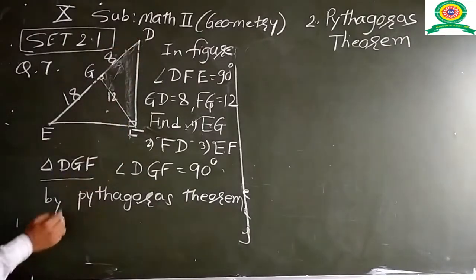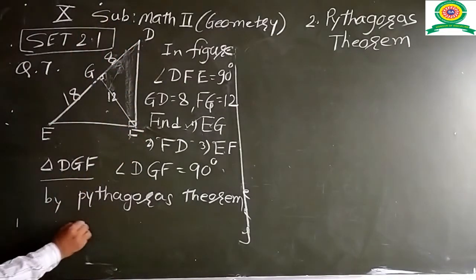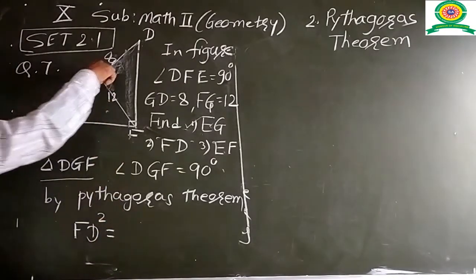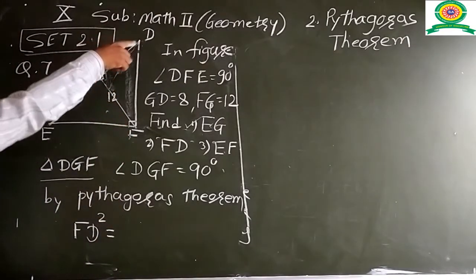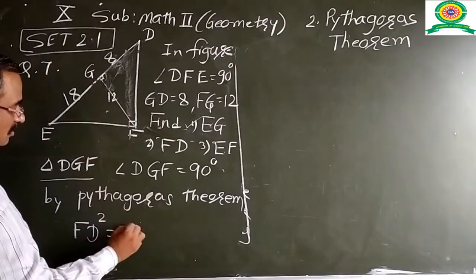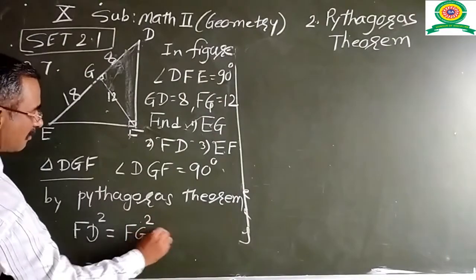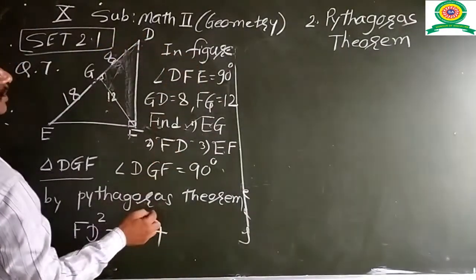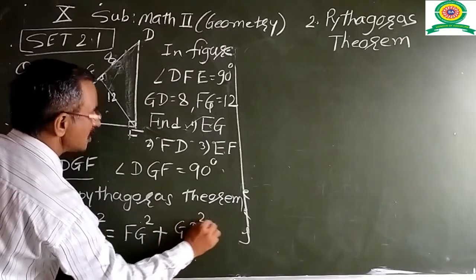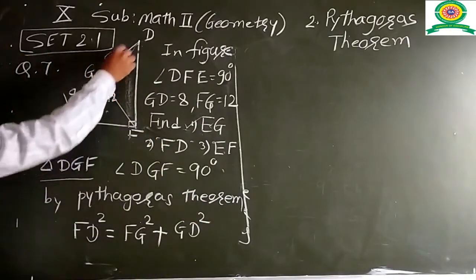The hypotenuse means FD. The hypotenuse square is the sum of the squares of the remaining sides, means FG square plus GD square, because this triangle is a right angle triangle.